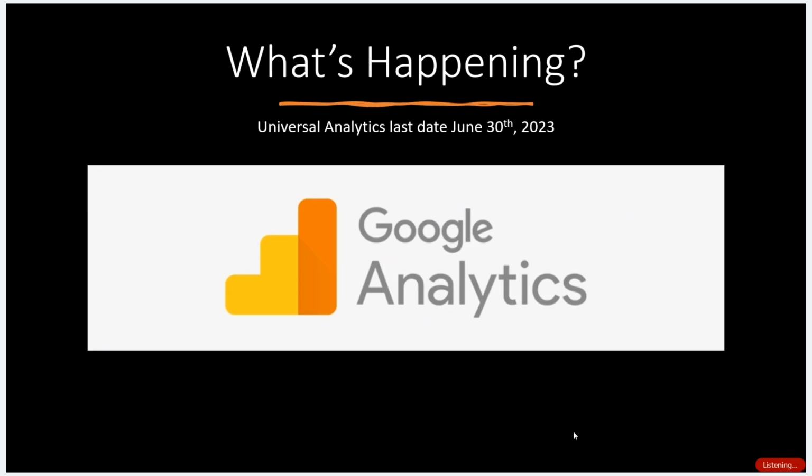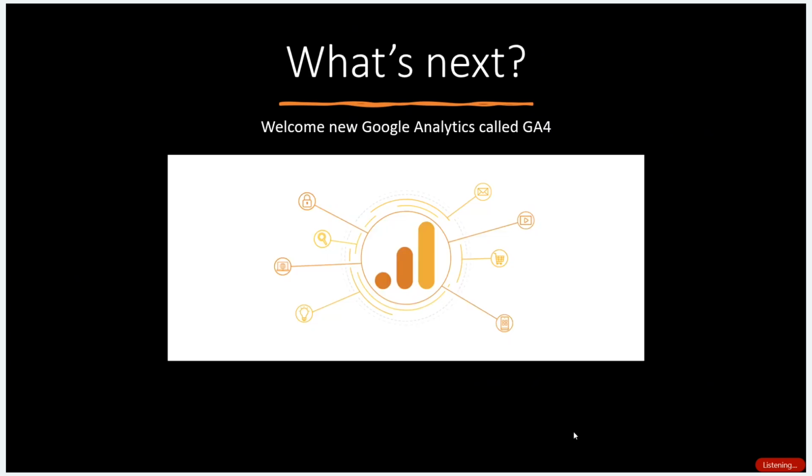December 31st, 2023, all that data that exists in Google Analytics will be removed, so you won't even have access to it. So you've got about 2 years, 15 months plus 18 months or whatever, to move your data if you care about historical data. So this new Google Analytics called GA4, or Google Analytics 4, is coming up.